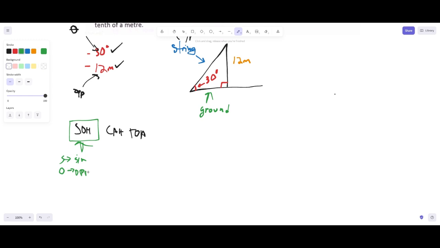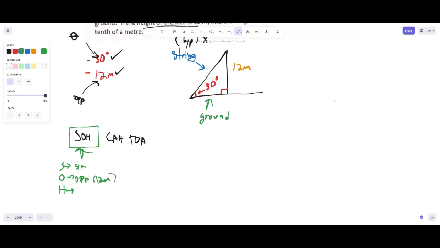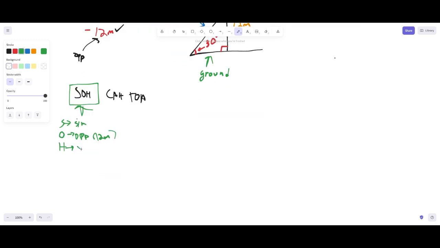So that's our opposite length, which is 12 meters for us. And then the H represents the hypotenuse, and the hypotenuse is going to be x. All right. So that's how we got to the conclusion that this is the sine value.